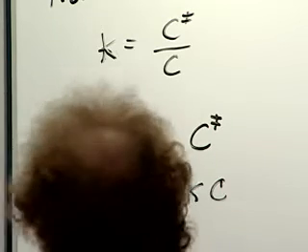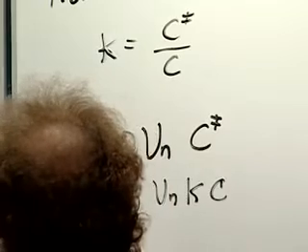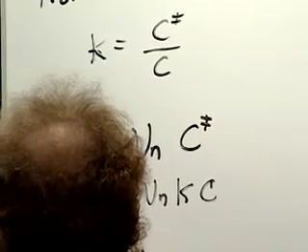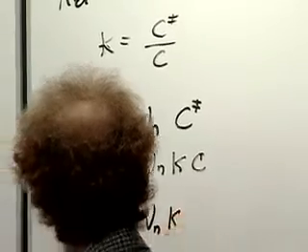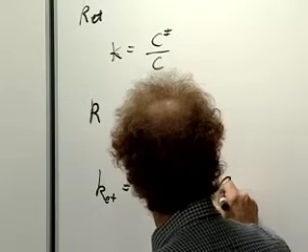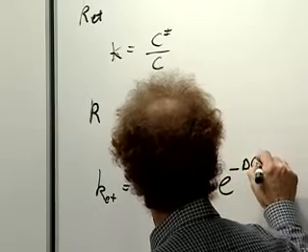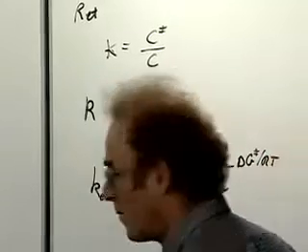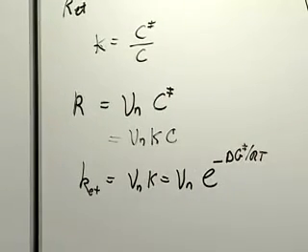And so my rate constant, my KET, is going to be nu n K, and K is going to be equal to e to the minus delta G dagger over RT. Okay, so that's all very simple.